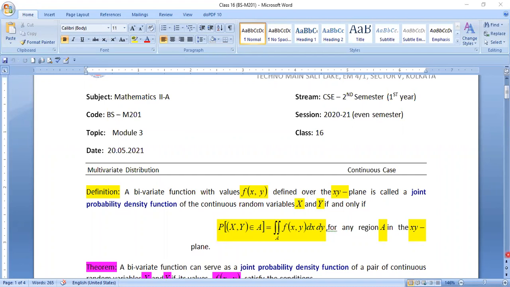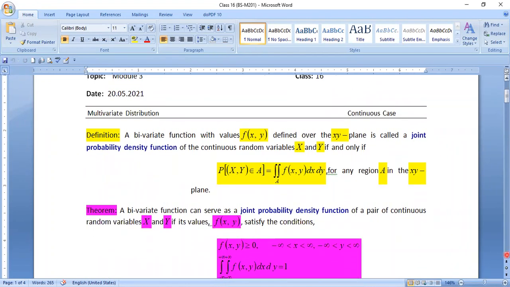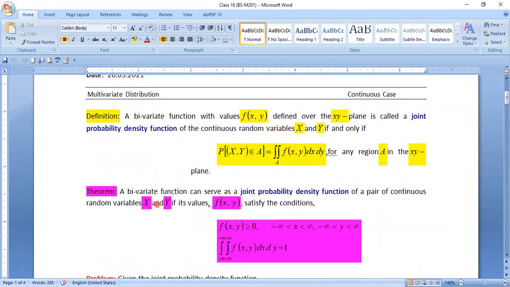Now, here comes a theorem for you. As we discussed the bivariate probability function in the discrete case, we wrote that it satisfies two properties: the probabilities are non-negative and the total probability is 1.